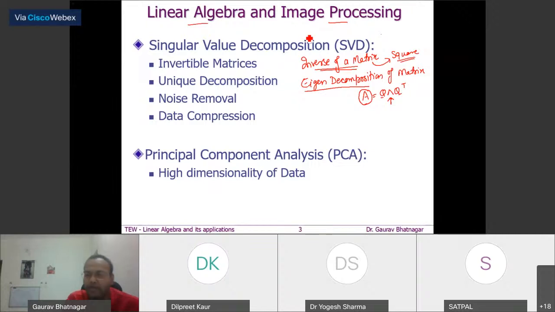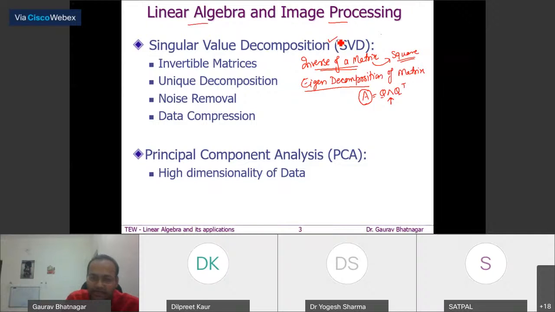You are going to have a rectangular photograph. So we are more interested in those tools which will help us to process rectangular images rather than square images, because for square images we have a sufficient number of tools. Singular value decomposition is one such tool which can handle the square cases as well as the rectangular cases.